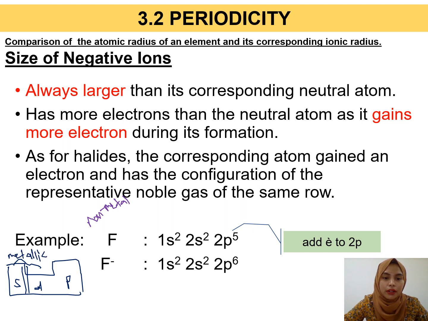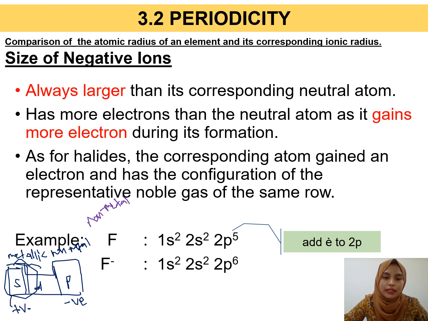The P block is mostly non-metal elements, so the P block mostly carries negative charge. They are happy to accept electrons. The S block, the metal block, likes to donate electrons.